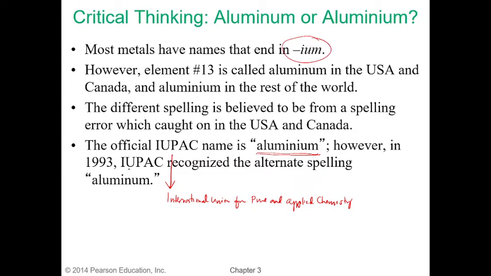But in 1993, the IUPAC also recognized the alternate spelling, aluminum. But what we will use is aluminium, pronounced as aluminium. Okay? I hope that's clear for the symbolism and the naming of your elements.